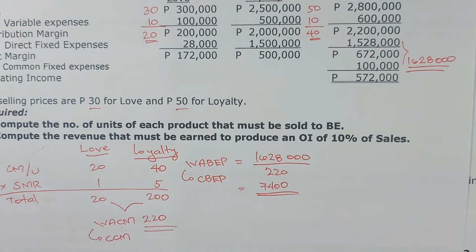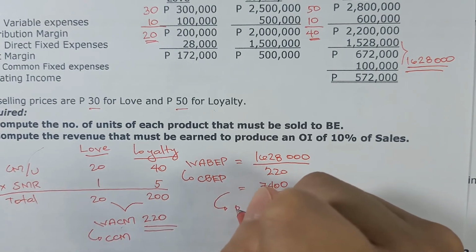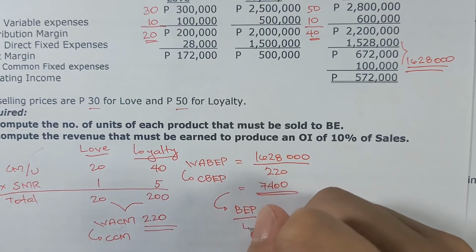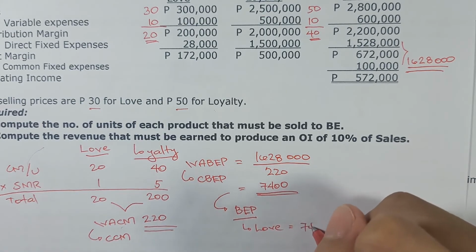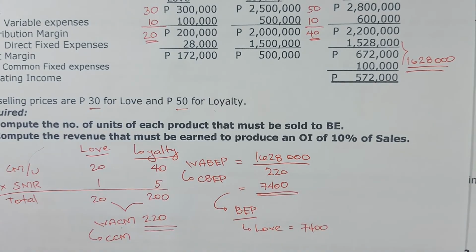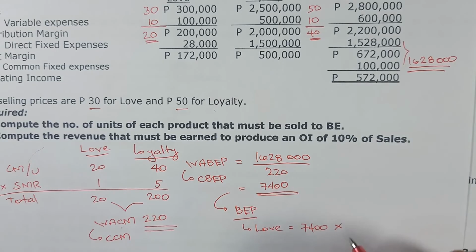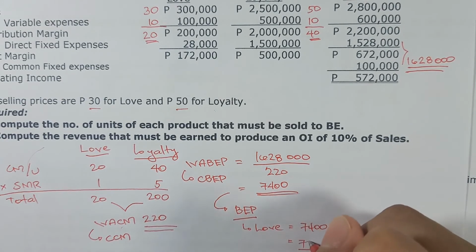Hindi pa po. Last step, to compute the break-even point now per product for Love, that is actually equal to 7,400, the composite break-even point, times the sales mix ratio, which is 1. So, ang break-even point ni Love ngayon is 7,400.